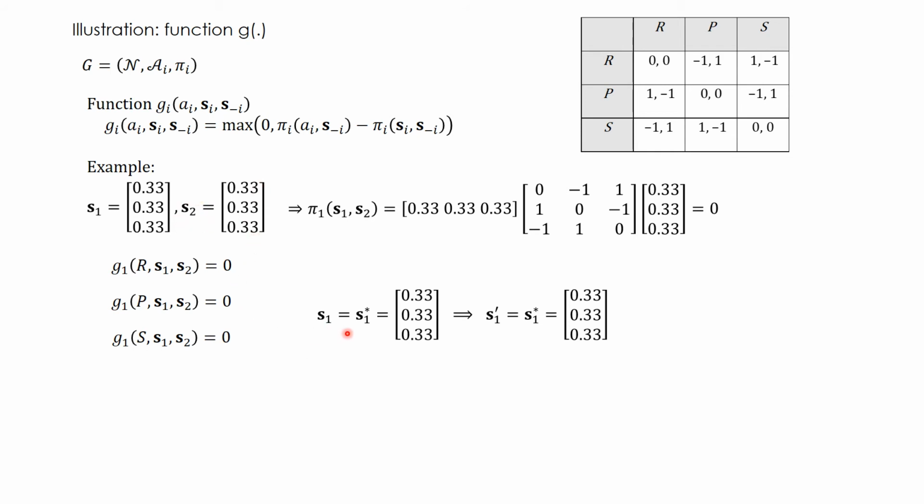So when S1 equals S1 star, then when we do that little nudging of S1 along the direction for better payoff, we simply get S1 prime equals S1 star, which is 1/3, 1/3, and 1/3. So at Nash equilibrium, it's not possible to push the strategy along any direction.